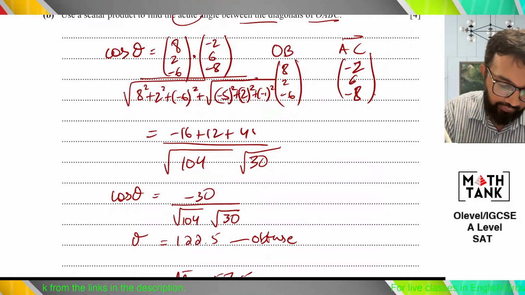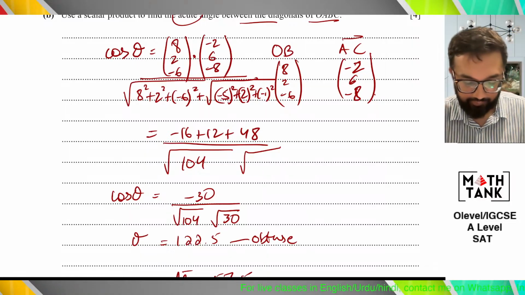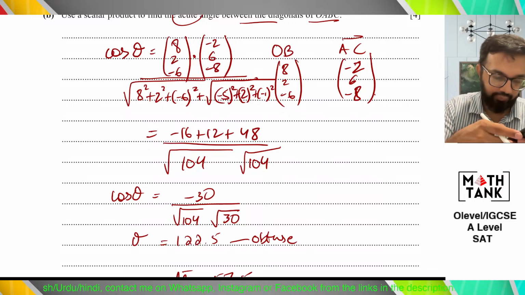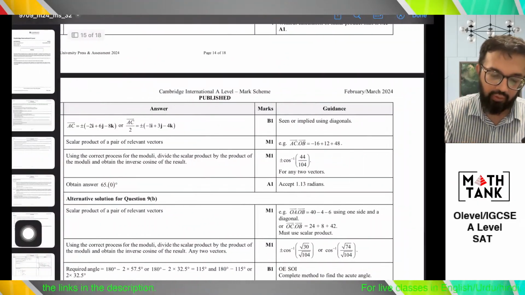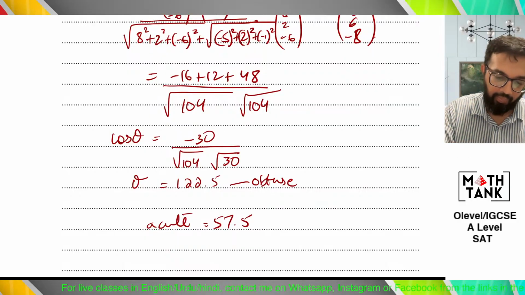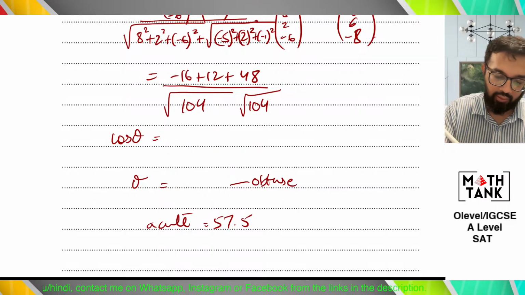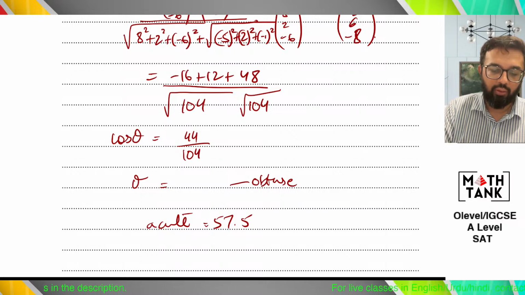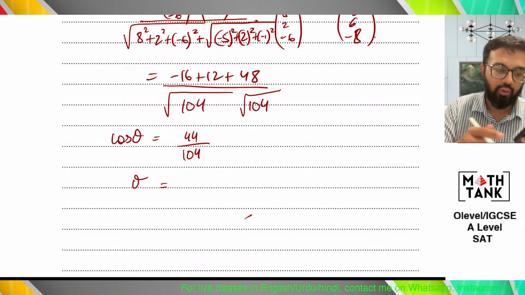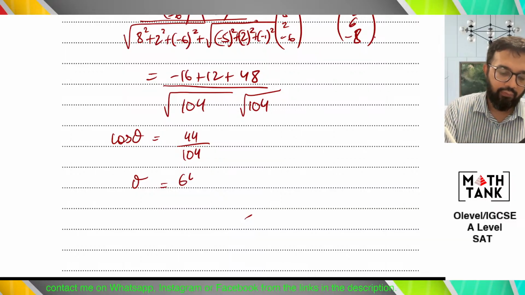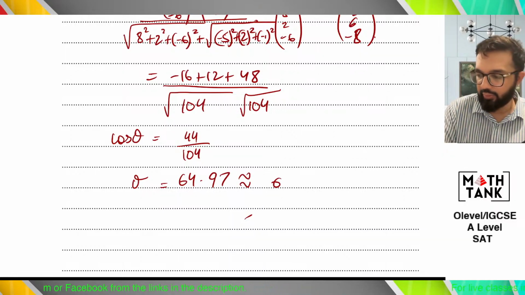Minus 16 plus 12 plus 48. 2 square ये भी 104 ही बनेगा फिर। 44 ये 104। सही है, सही है। ओके, इसको क्रॉस इन्वर्स कर लेता हूँ। 64.97 that rounds up to 65.